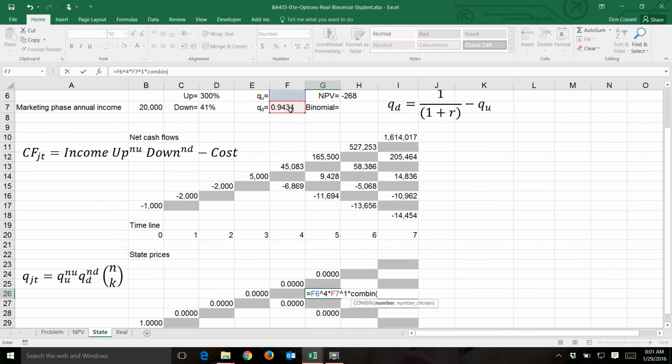It needs n, and then it needs the number chosen, which is k.